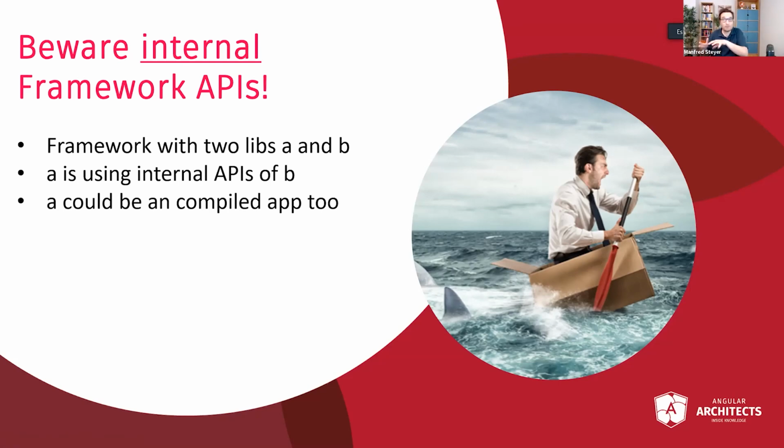Just after the compilation, you never touch it by hand directly, but after compilation, the compiled code does it. And this also might lead to a version mismatch because there are very often no guarantees for being backwards compatible with internal APIs. So please keep this in mind just to be on the safe side.